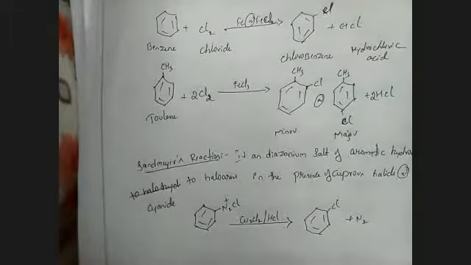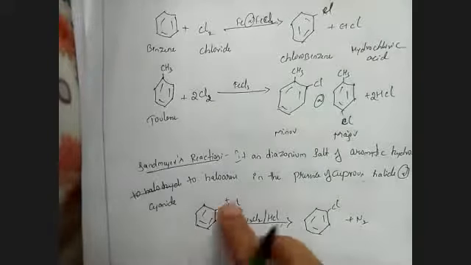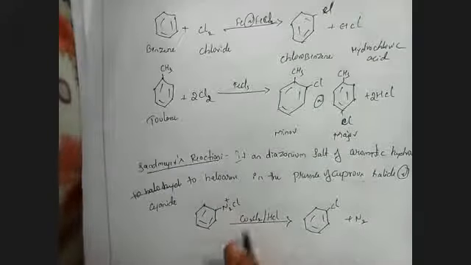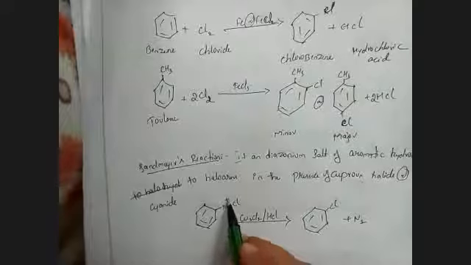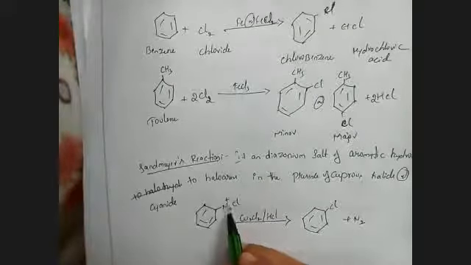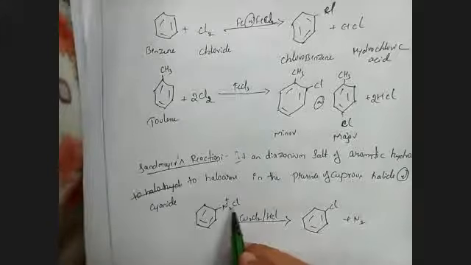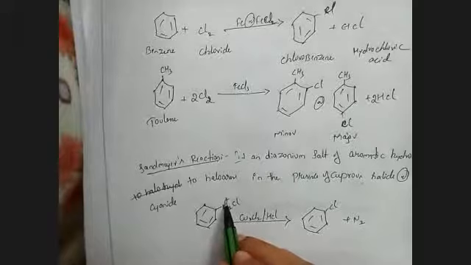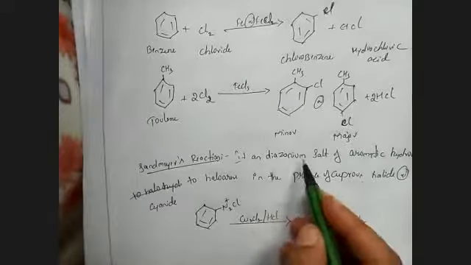Here you can see the diazonium salt. Nitrogen is also an electronegative element, chloride is also electronegative, but both are not combining; they just sit one beside the other carrying charges, so we call it diazonium salt.